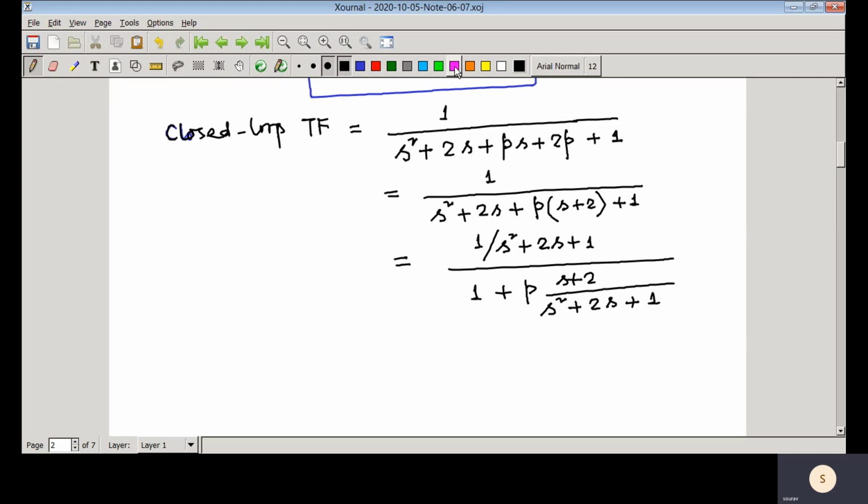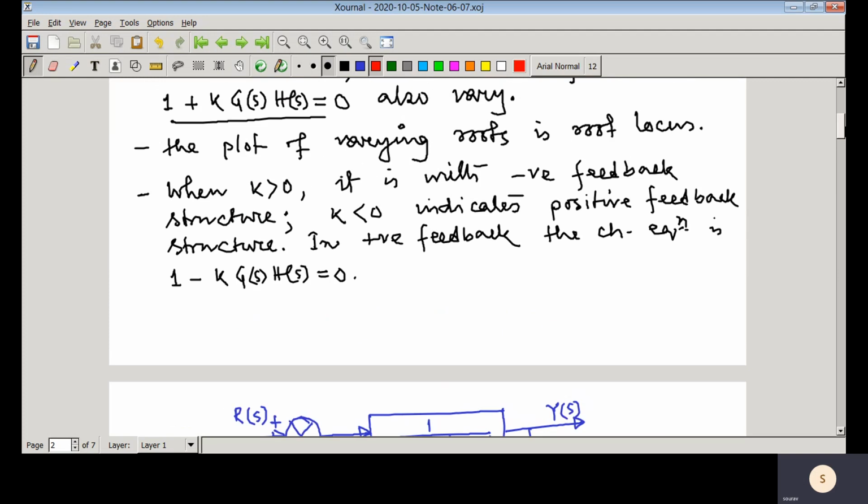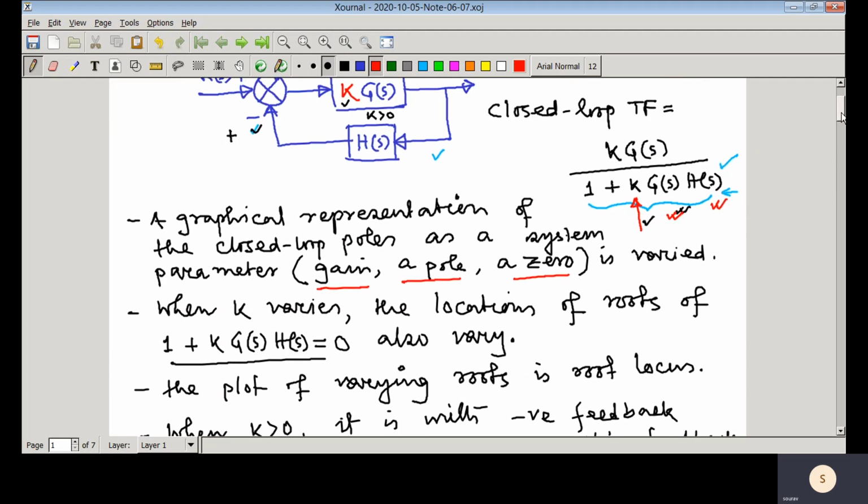So now the characteristic equation in this particular problem is 1 plus p into (s plus 2) divided by (s square plus 2s plus 1) equal to 0. If we look at this characteristic equation and the characteristic equation that we consider in root locus, they are in the same structure.